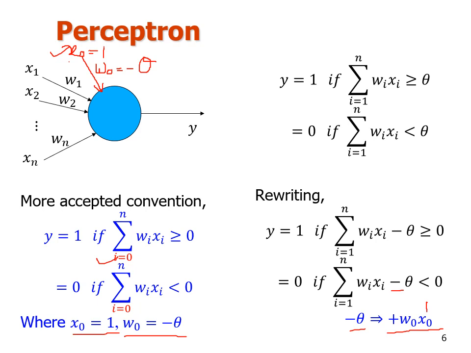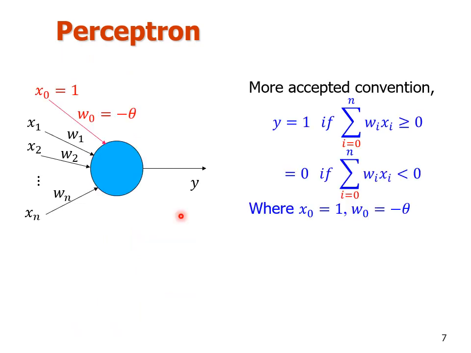Thus, this is the most accepted convention of a perceptron. Now let us look at this modified version of our perceptron, where we have added one input x0 which is set to 1, so that means it is always on, and w0 is the associated weight, that is equal to minus theta.